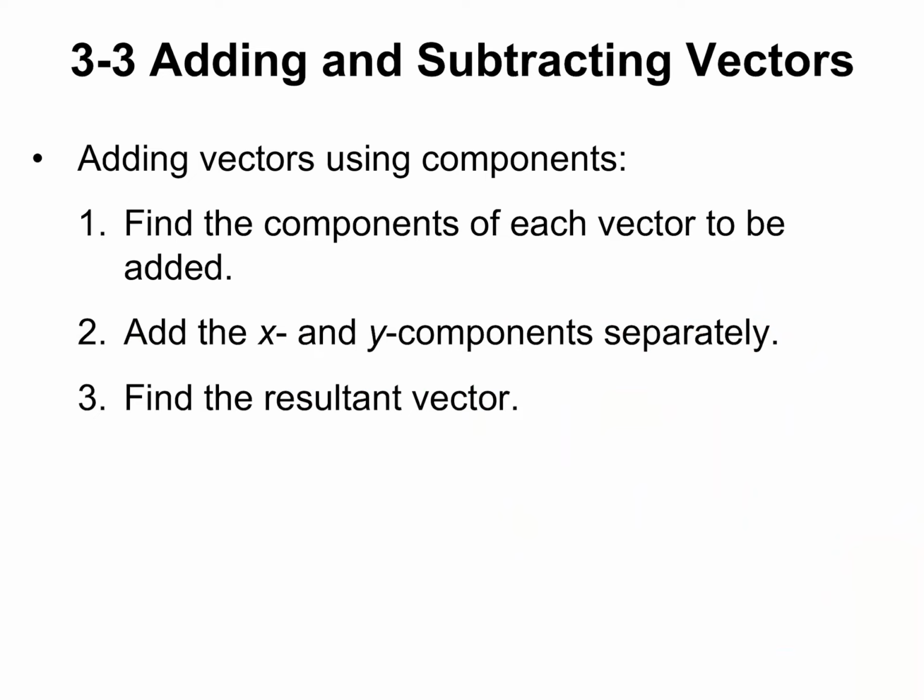So how to add vectors in a components way? Here I give you the same thing. Let's give you 3 vectors: vector A, vector B, vector C. How to add them together in a components way?